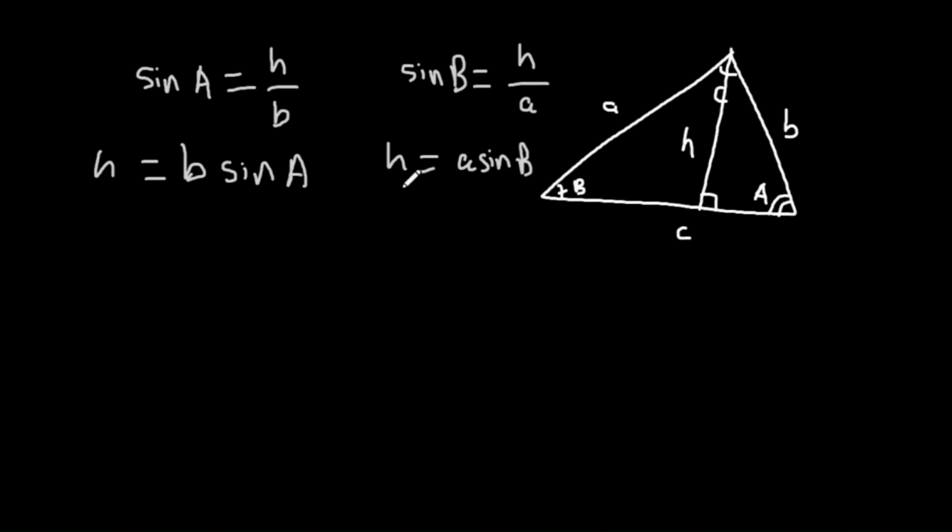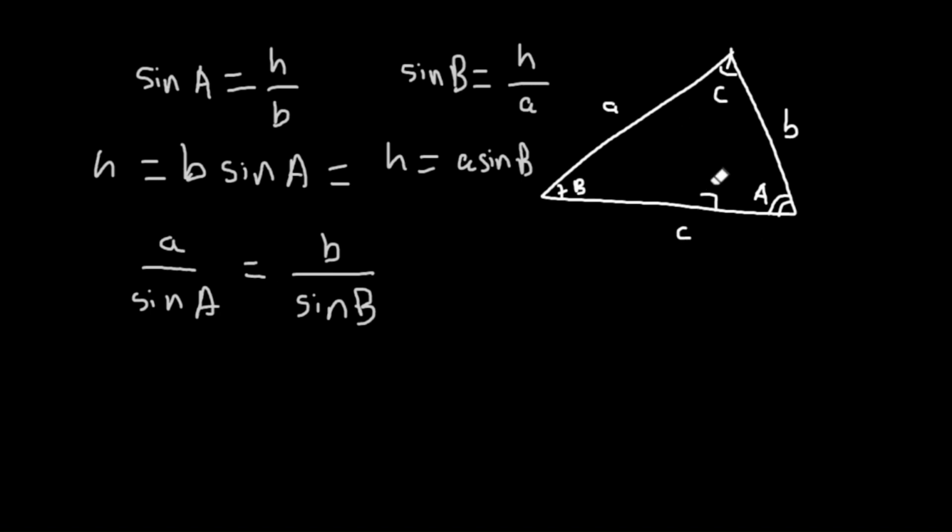And it's quite obvious that these two are equal. Therefore, from b sine A is equal to a sine B, we can write a over sine A is equal to b over sine B. Now to finish the proof and consider c and sine C, we just have to do the same thing for a different altitude. Now I will draw it from the vertex between sides a and c to side b.